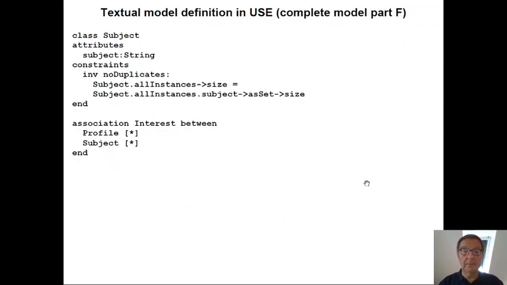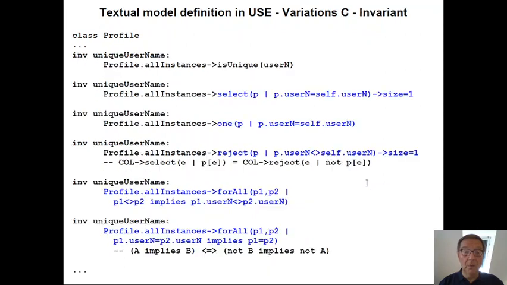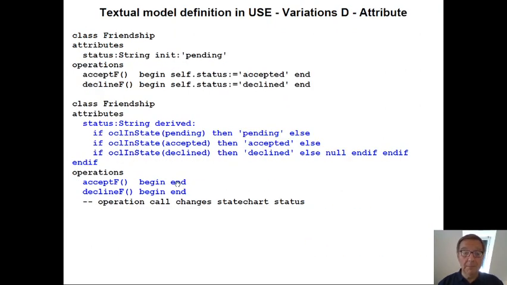So although the implementation looks as if nothing explicitly will happen in accept f and decline f, there is something implicitly happening, namely the change of the state machine. Both operation calls change the state chart status.